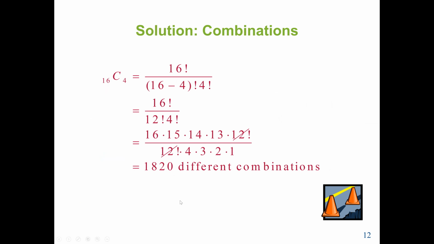That's why we use the formula 16 factorial divided by 16 minus 4 factorial times 4 factorial. So the 4 factorial again removes the possible repetition of the order of items. And finally, after calculations, our solution will be 1,820 different combinations of the companies.